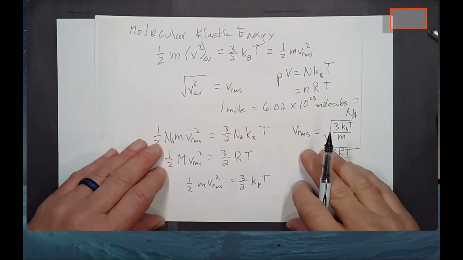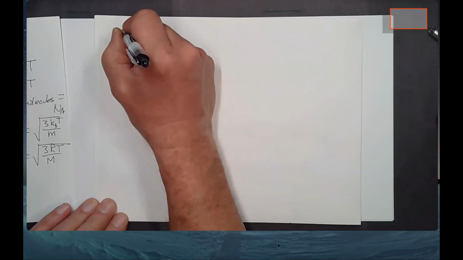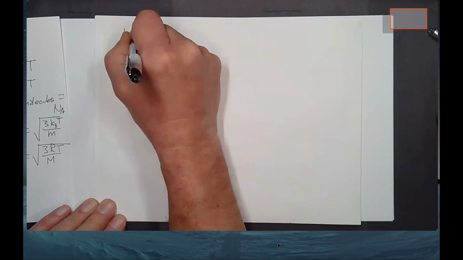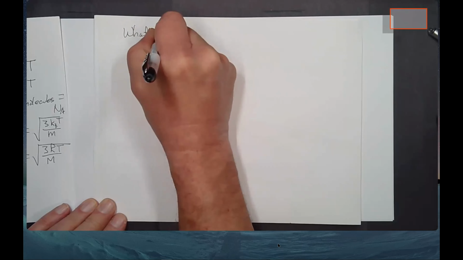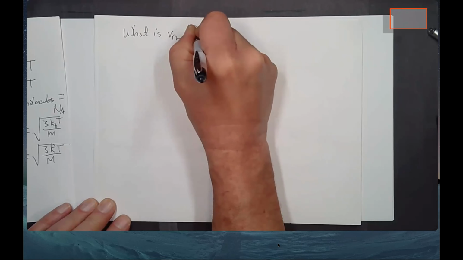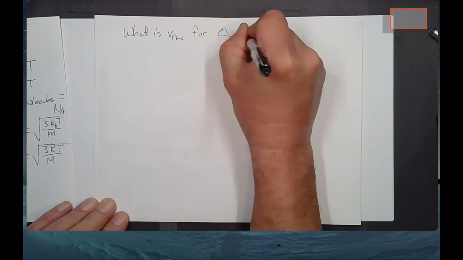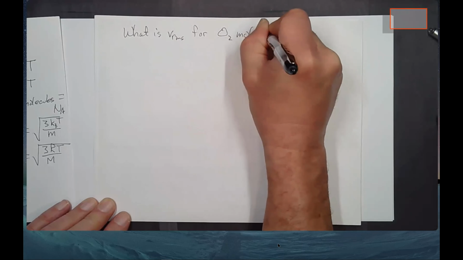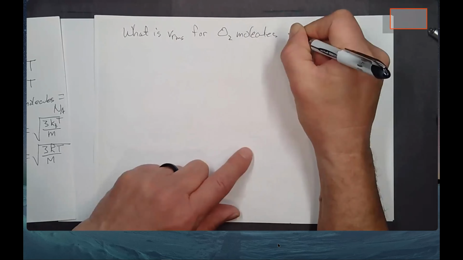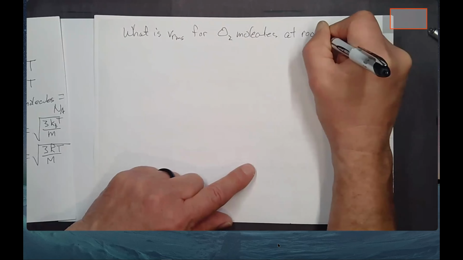For instance, let's go ahead and calculate what is VRMS for O2 molecules at room temperature.